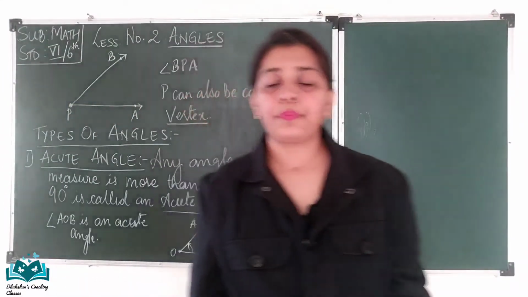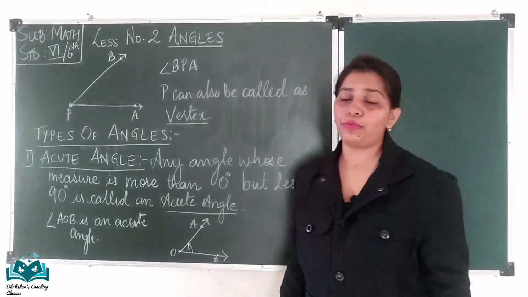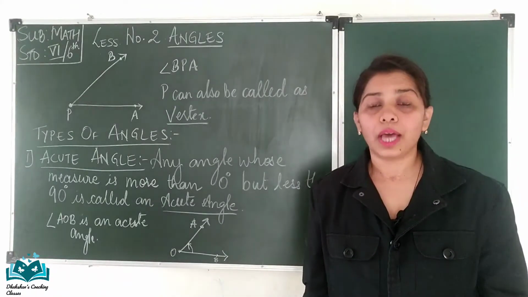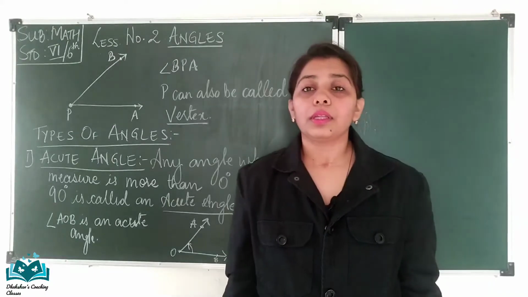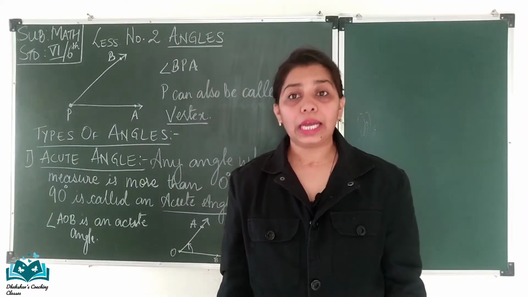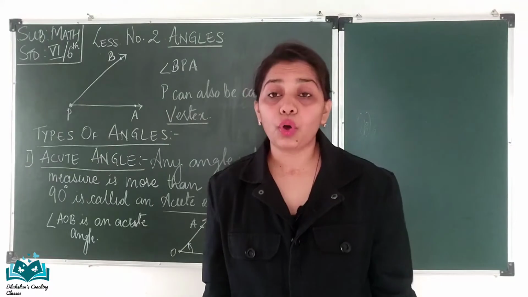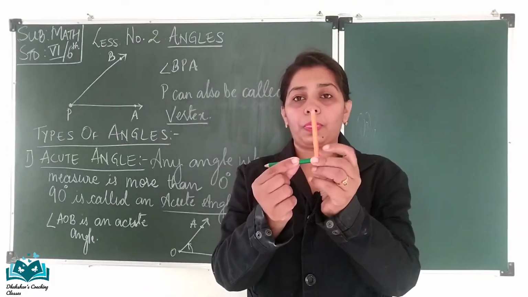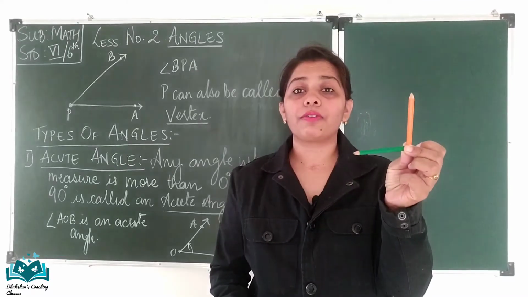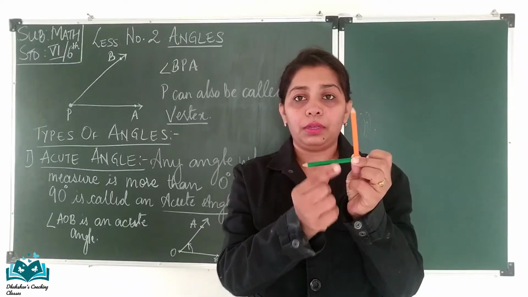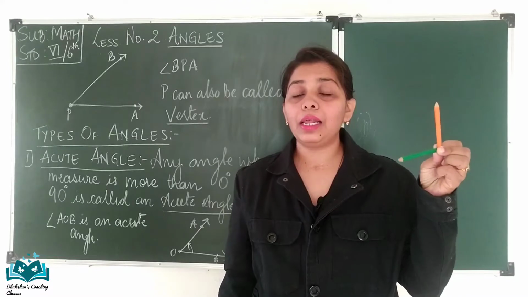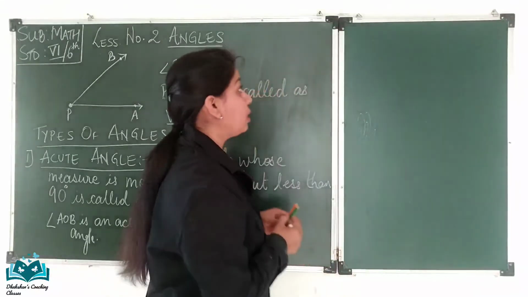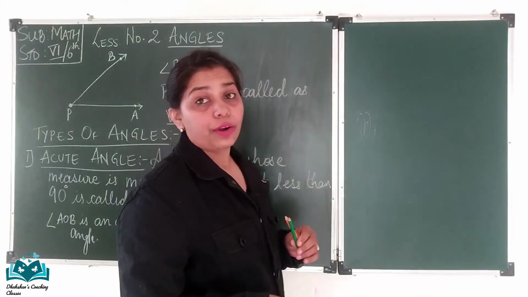Moving ahead, the second type of angle is your right angle, or the angle that measures 90 degree is called your right angle. See, this is your right angle. Okay, so an L letter is your right angle. Let us quickly write down the definition for right angle.